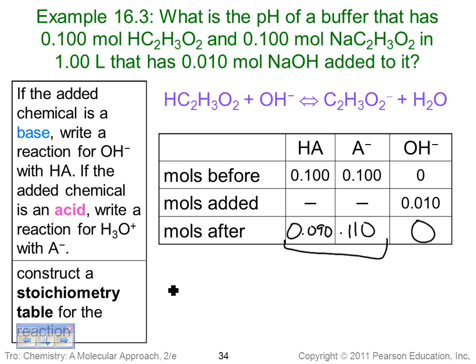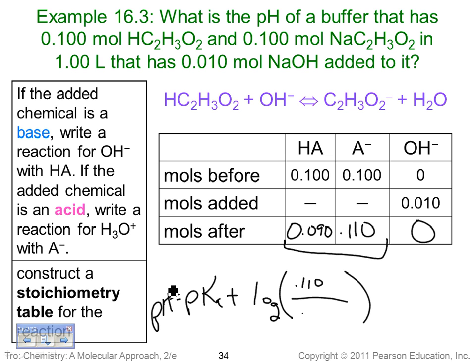Now that I have my new values, I can plug those into my Henderson-Hasselbalch and complete my calculation. So pH is pKa plus the log of the anion, which is 0.110, over the acid, 0.090.